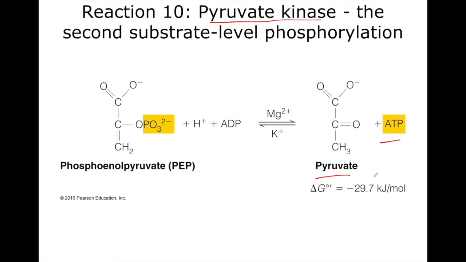Now this reaction, even though we are phosphorylating ADP to form ATP, which requires a lot of free energy, because there's so much free energy released, this step is very exergonic. So essentially, this last step kind of drives the whole pathway in an exergonic spontaneous direction.